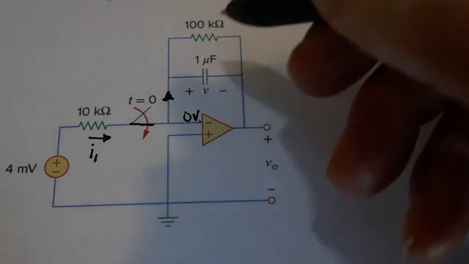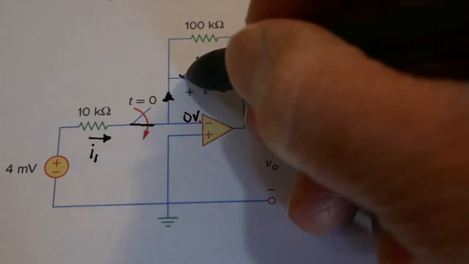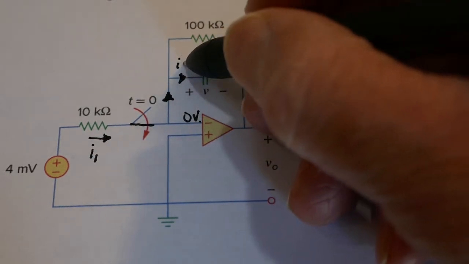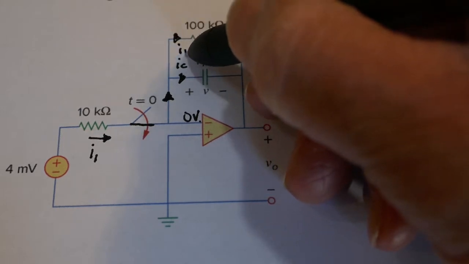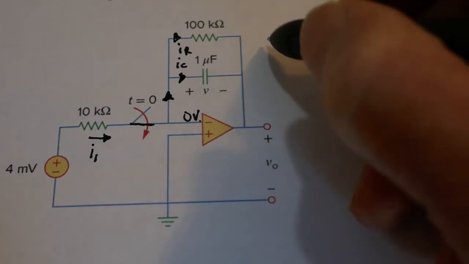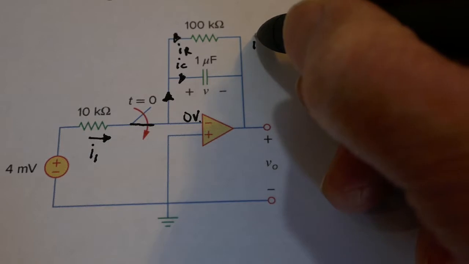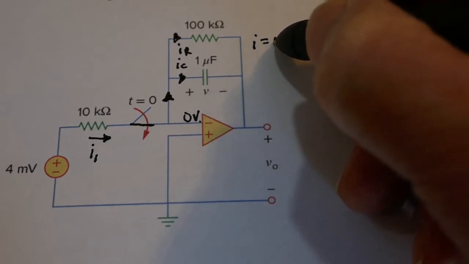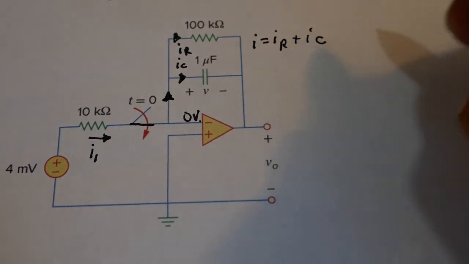So what that's going to do is split between the capacitor, IC, and the resistor, IR. So our nodal currents we can write is I1 is equal to IR plus IC.